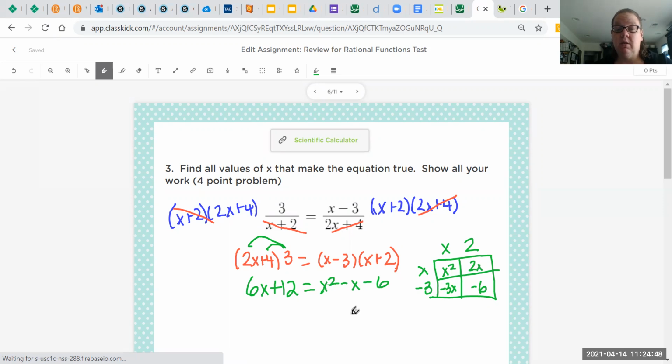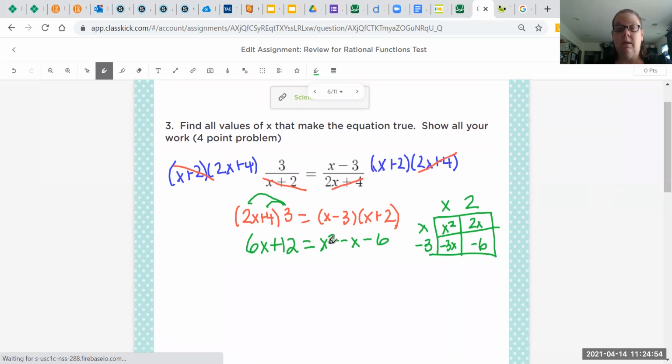So now I just need to solve. Since I have an x squared, we learned at the beginning of the year that I need to set everything equal to 0. So I need them all to come over here with the x squared. I'm going to move everything from the left side over to the right side by canceling them out. So I'm going to subtract 6x from both sides, and I'm going to subtract 12 from both sides.